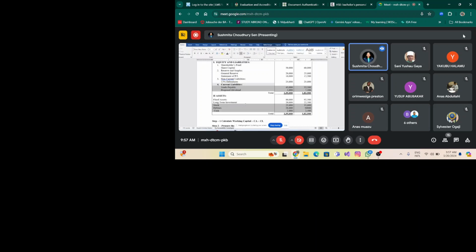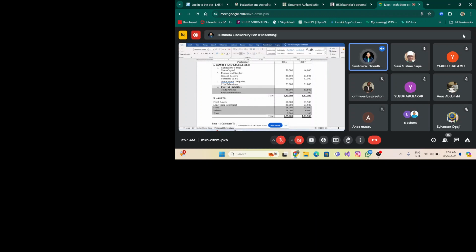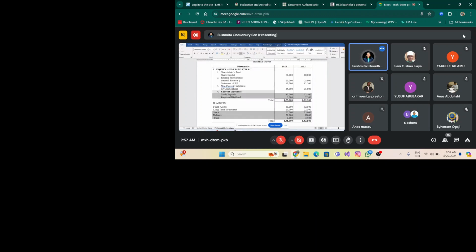I have already written the outcome in the fund flow statement. Rather, for whatever is available here, I need to identify whether it is a source of fund or application of fund, and enter it into the fund flow statement accordingly.